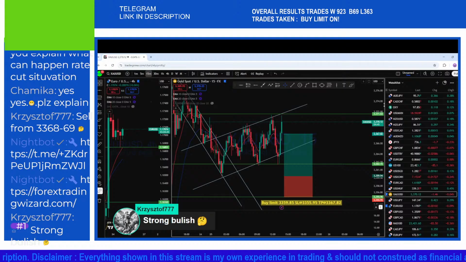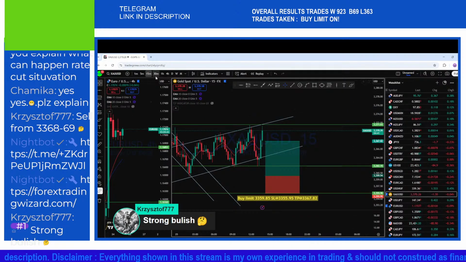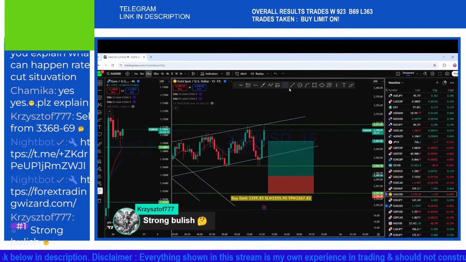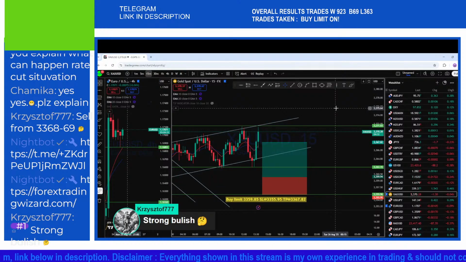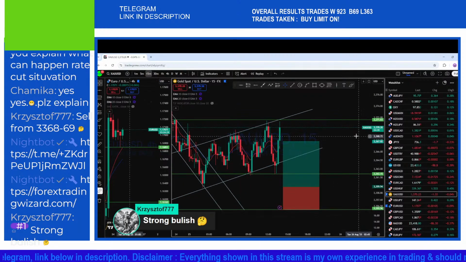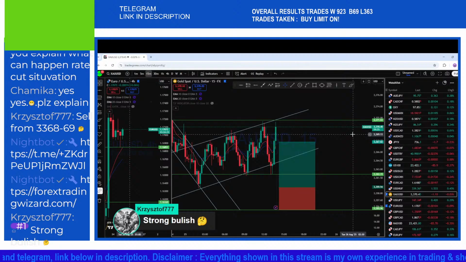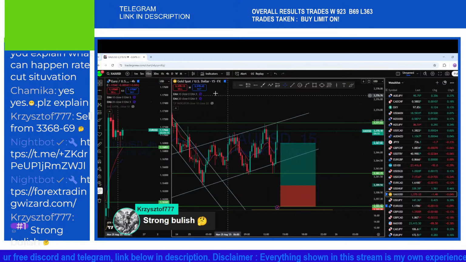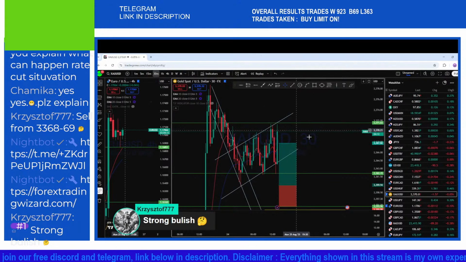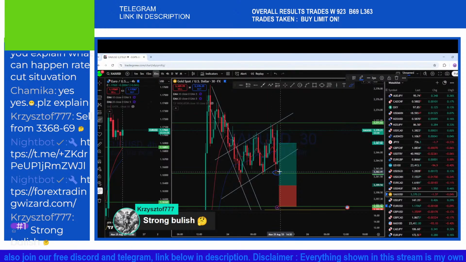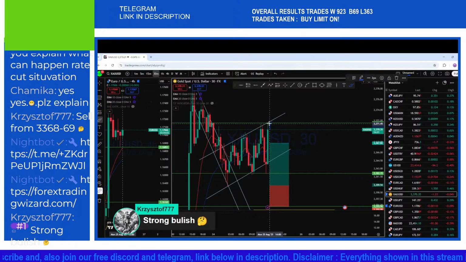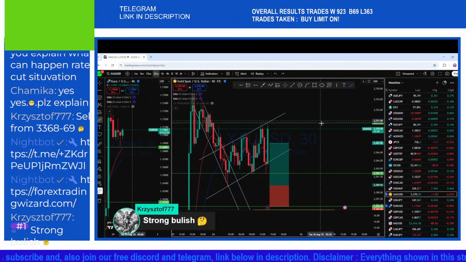There's a move that you can see on gold. You can see the market from this support level has made it back to the upside and is expected to continue to rise to create a new higher high.